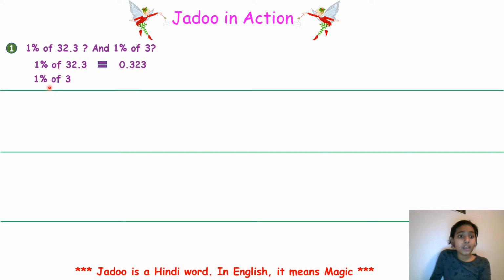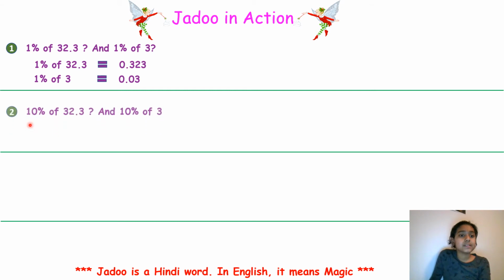Next, 1% of 3. Here we have only 1 digit, so we'll just add a 0 here and move the decimal point 2 digits. So 1, 2. The answer would be 0.03.